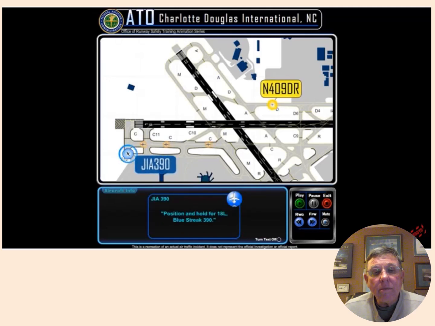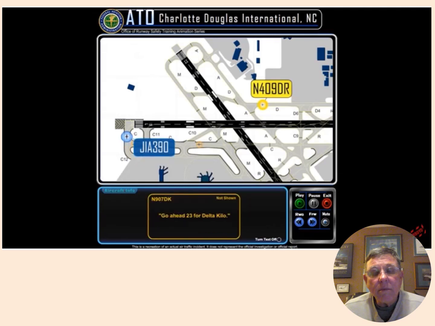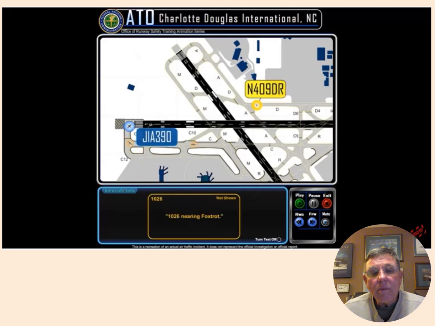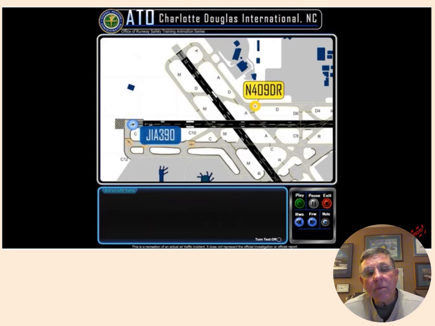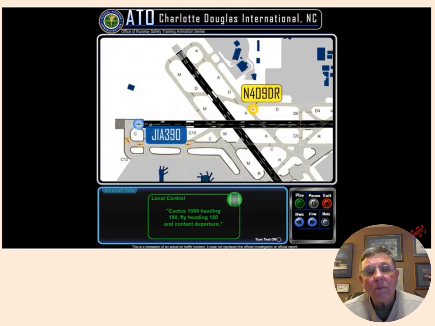Delta Kilo, Charlotte Tower, runway 23, for the lane, traffic departing on my 18 left. Okay, 23, for Delta Kilo. Texas 226, runway, traffic. Texas 1989, heading 180 and contact departure. 1989.